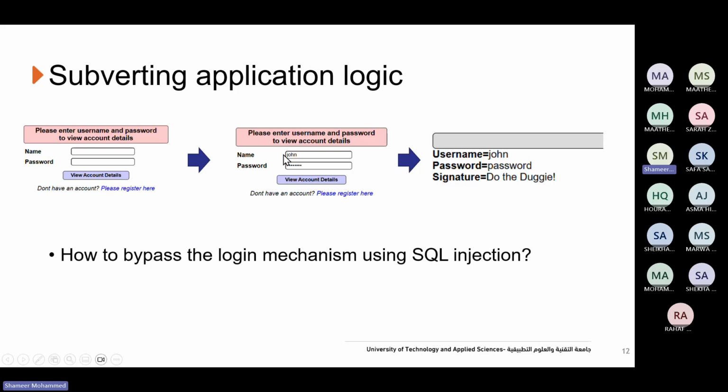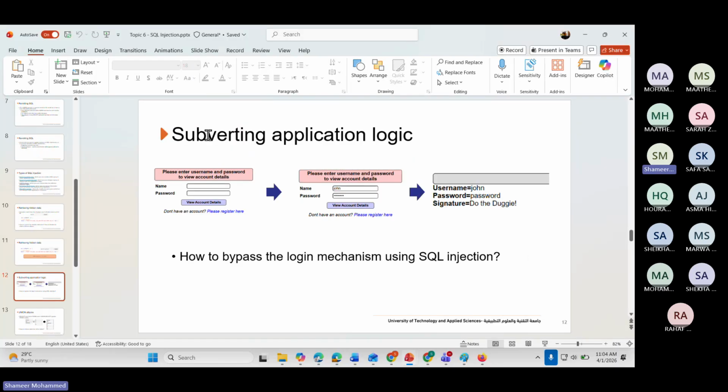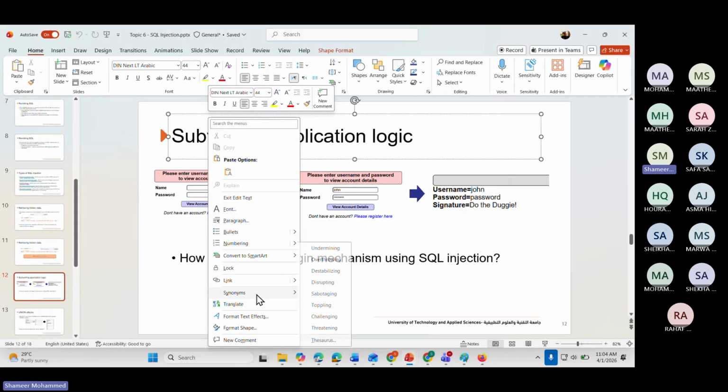Okay. So the password is not correct. Even though the password is not correct, you allow the attacker to enter into this database. Like that, this type of attack will allow the attacker to subvert the logic of the application. Okay, subverting the logic of the application.